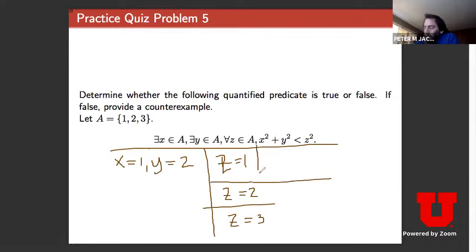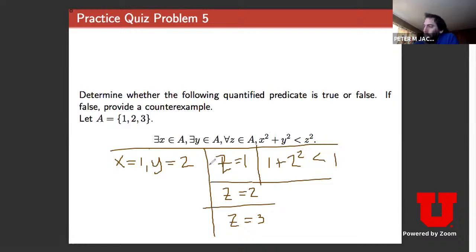So let's see if it works for z equal to 1. Here we have 1 plus 2 squared. Is that smaller than 1? No. So immediately we see that x equal to 1 and y equal to 2 does not work, and it's because of z equals 1.